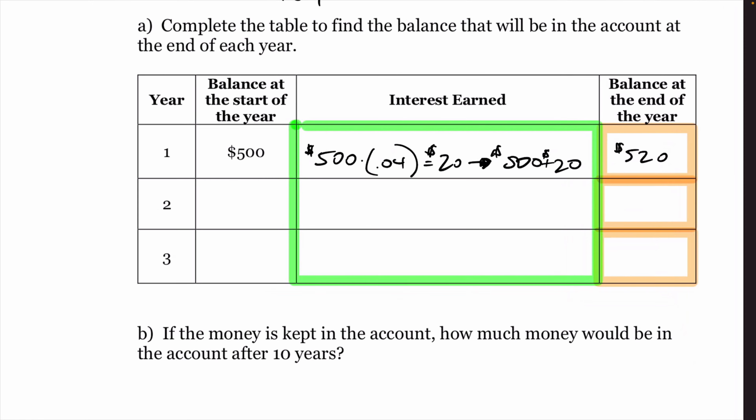So at the beginning of year 2, he doesn't have $500. He has $520 in his bank account.